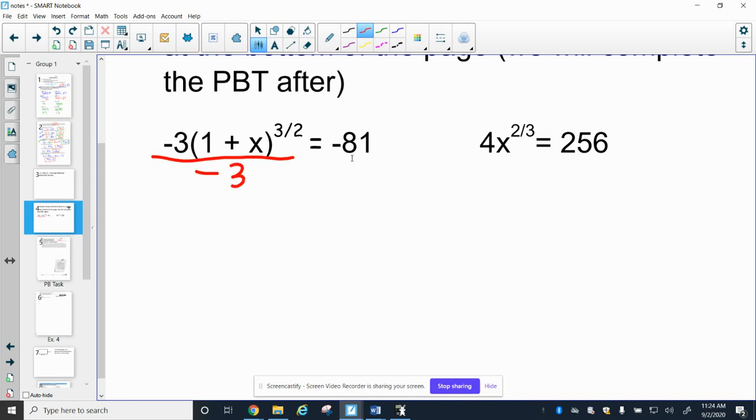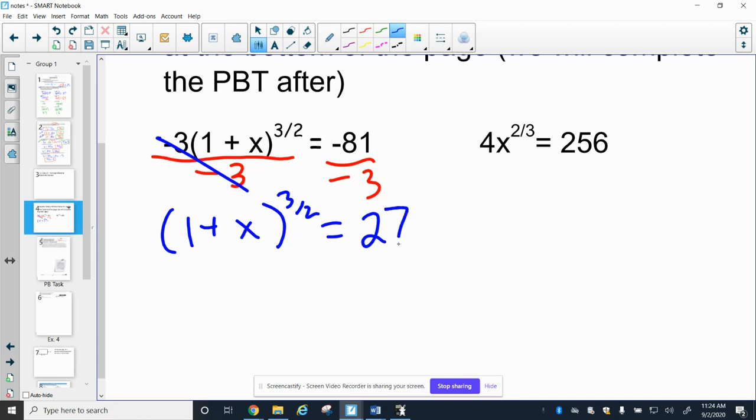We divide both sides by -3. Those cancel. Now we'd be left with 1 plus x to the 3/2 power equals -81 divided by -3. That'd be positive 27. Now the -3 is gone. Now we've got to get rid of the 3/2. This is where we'd raise both sides to that reciprocal exponent, 2/3 power. Remember that that's going to cancel out these exponents.